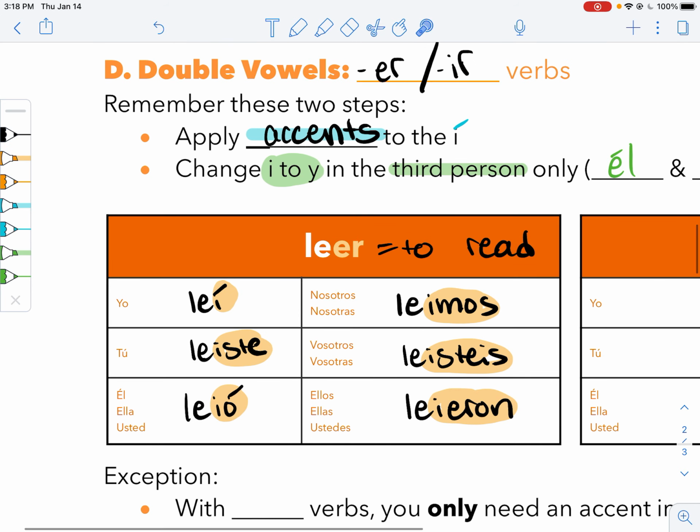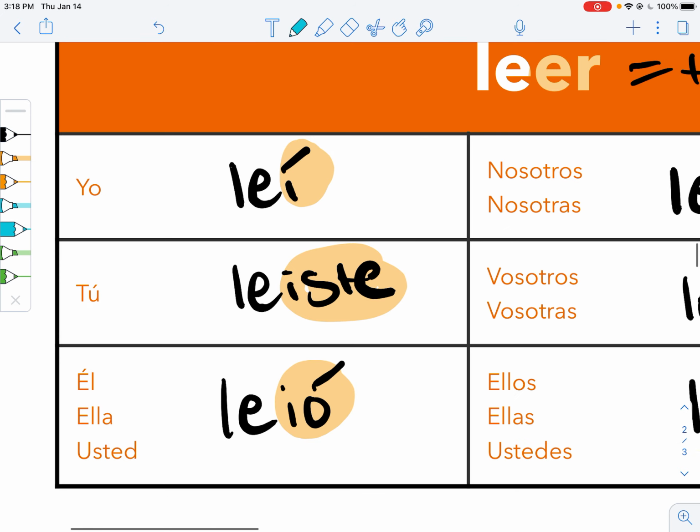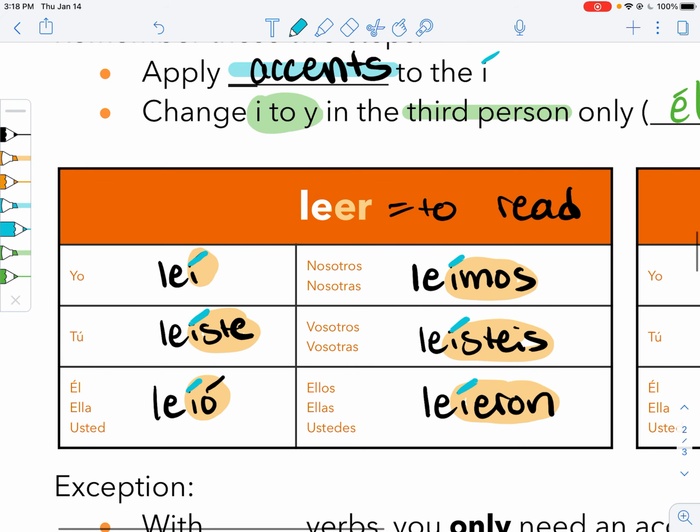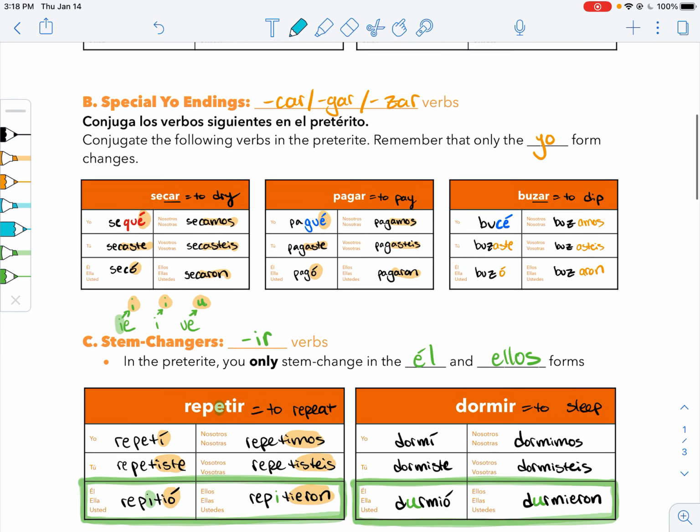So let's apply our first step. First, go ahead and apply accents to all of the I's. Oh, that already has one. We'll just go over it anyway. Leí, leíste. Well, that's a problem. Leímos, leístes, leyeron. Well, why did we put accents here? Because remember, the Spaniards love their sounds. Just like our car-gar-zar verbs.